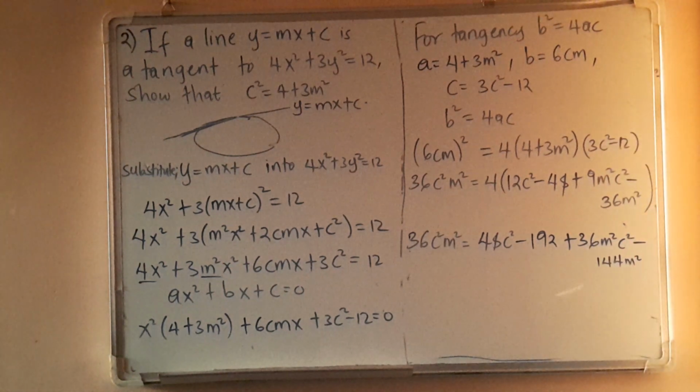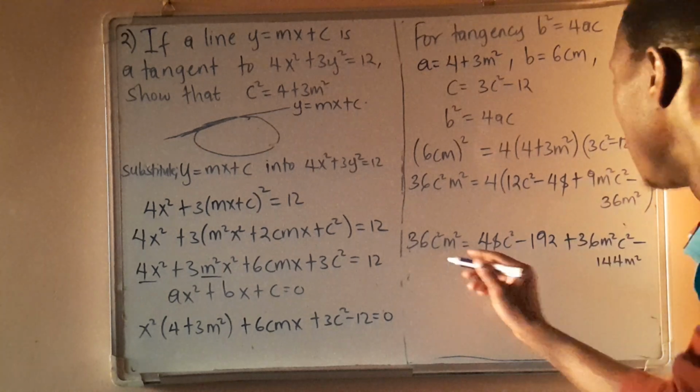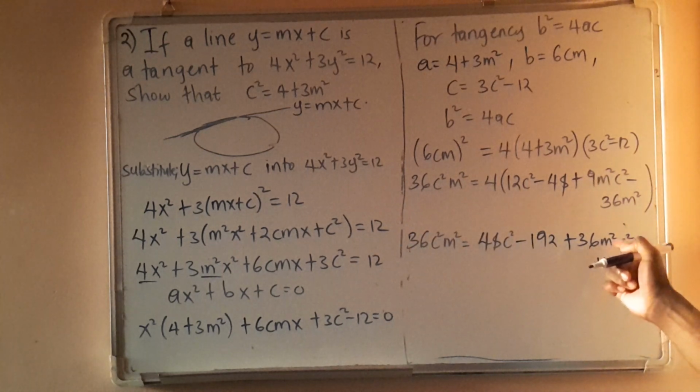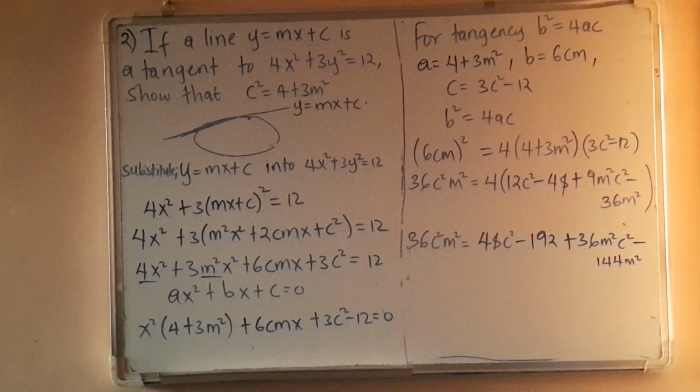You observe that some factors are common. If we bring this 36m squared c squared term to this side, they will cancel out.